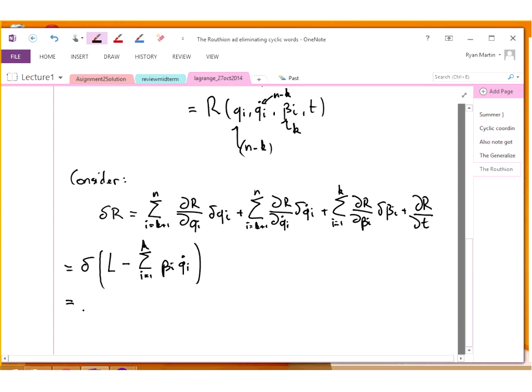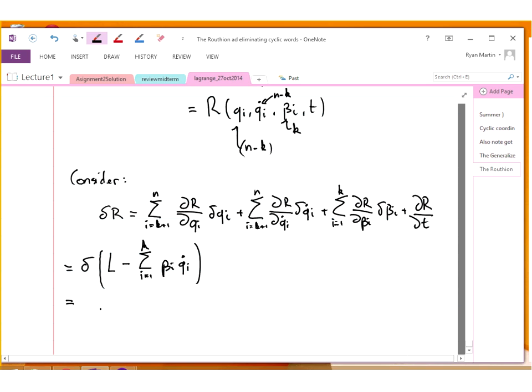So now L depends on the qi, the qi dots, and t. And we've written L so that we've eliminated all the velocities, and the cyclic coordinates weren't there from i equals 1 to k. So if we take this variation, first I have the variation of L. So that's the same procedure.